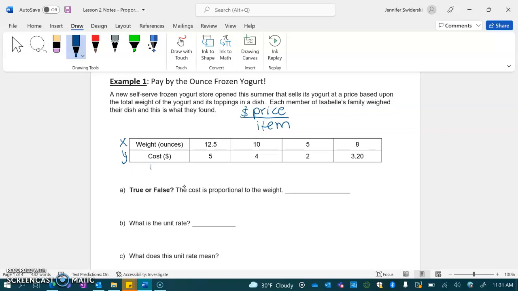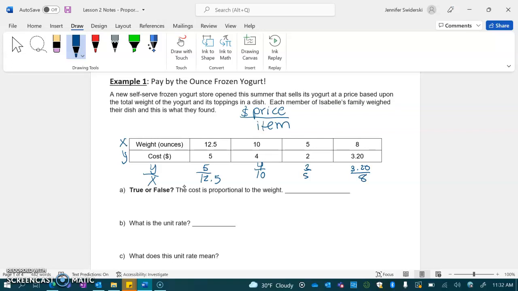So down here, what I need to do is look at my y over my x. So I see I could spend $5 for 12.5 ounces of frozen yogurt, $4 for 10 ounces, $2 for 5 ounces, and $3.20 for 8 ounces.